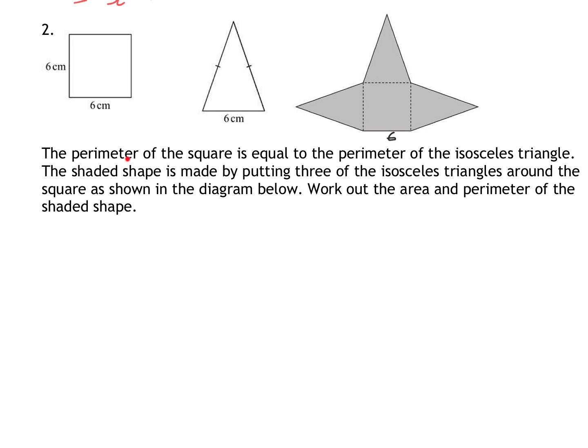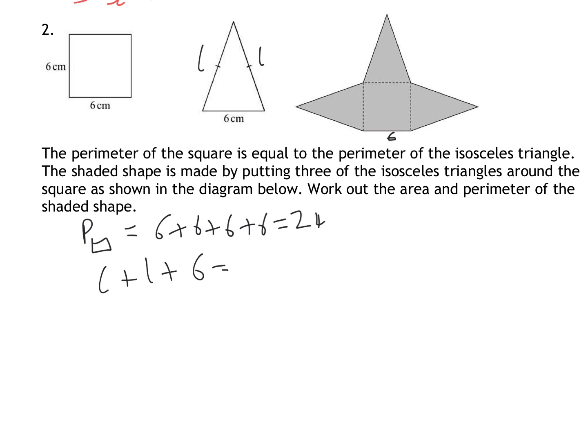So we've got to go back to the start where we're told that the perimeter of the square, let's just work that out, 6 plus 6 plus 6 plus 6, or 6 fours, is 24. That perimeter is the same as this perimeter. So if I call this length L, the L plus the L plus the 6 should equal 24.